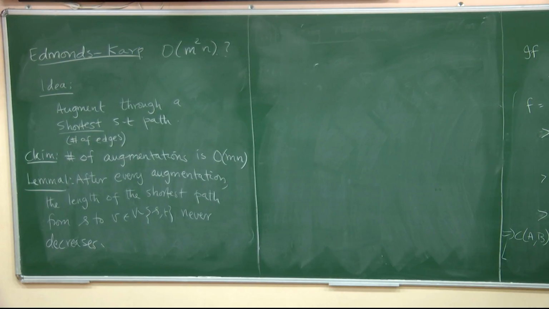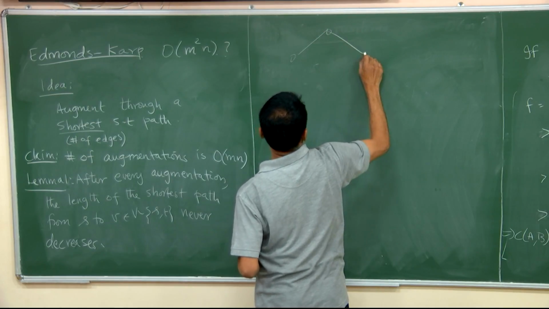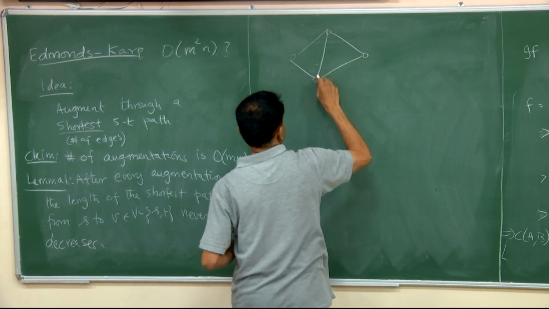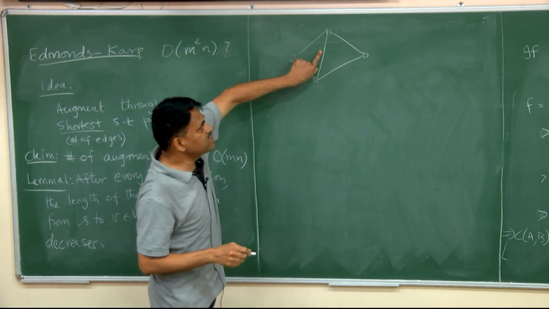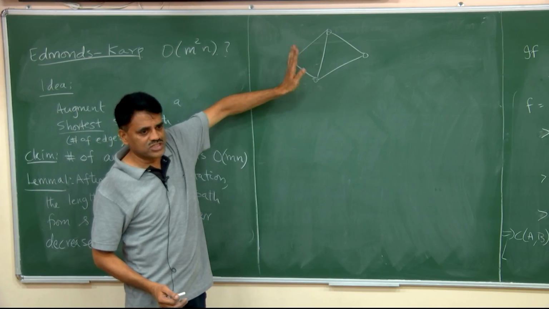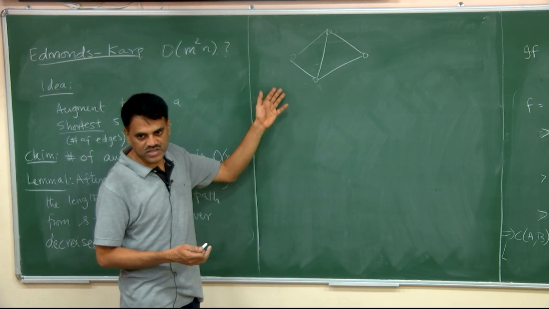So remember that famous example. If you look at this edge, it was involved in every augmentation if we didn't do shortest path, right? And that is what made a huge number of augmentations.